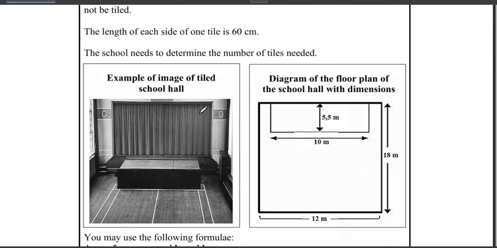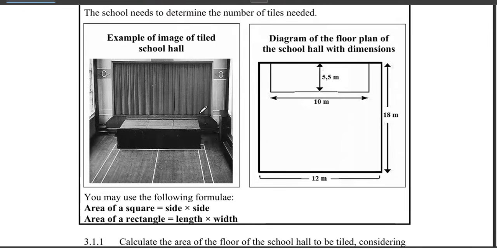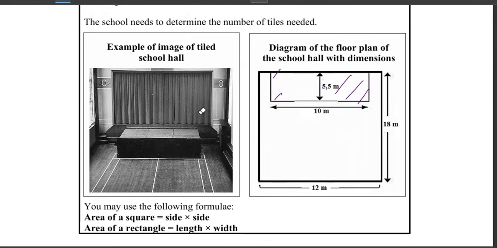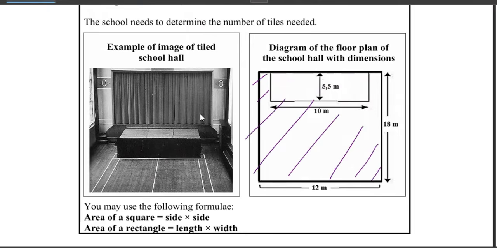Now, come here to the diagram. They are saying this part under here is not going to be tiled. You understand? This part is not going to be tiled. But this one, I think we should do it this way. The area to be tiled will be around this shape here, this one that I've shaded. It's the area to be tiled.